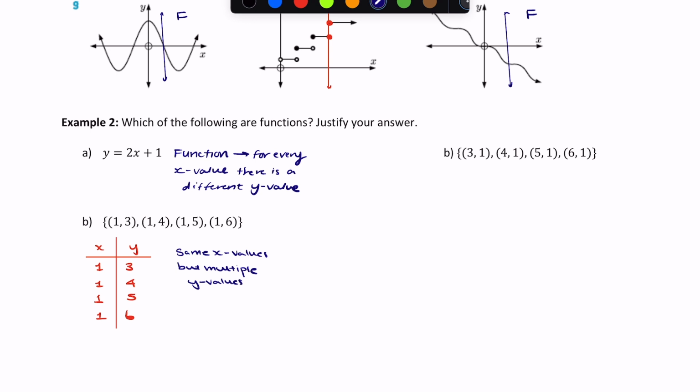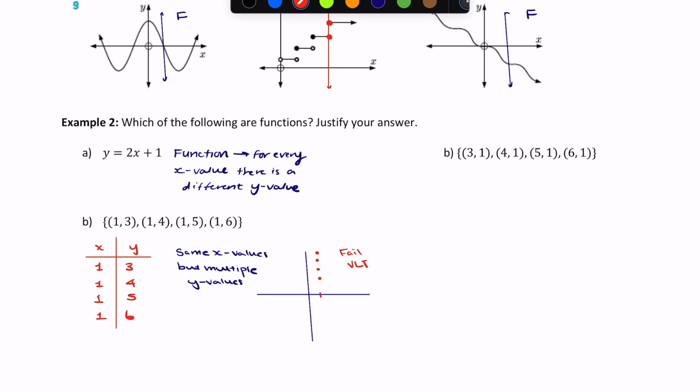And if we put that in a graph, this is what it would look like. Let's put it in a graph, and at 1, it would be at 3, 4, 5, 6. And so that clearly would fail the vertical line test.